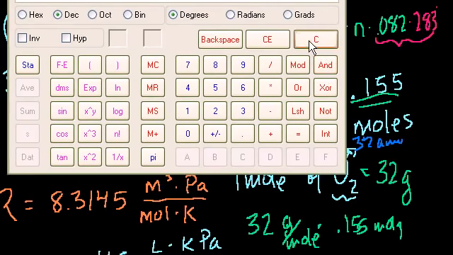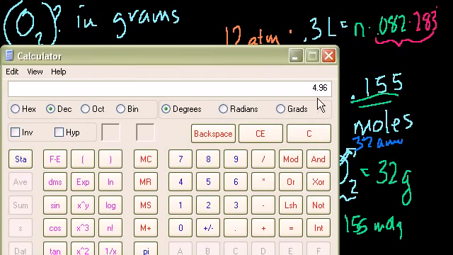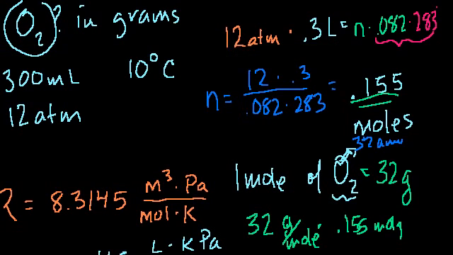So we have 32 times 0.155 is equal to 4.96 grams, or roughly 5 grams. So we have approximately 5 grams of molecular oxygen.